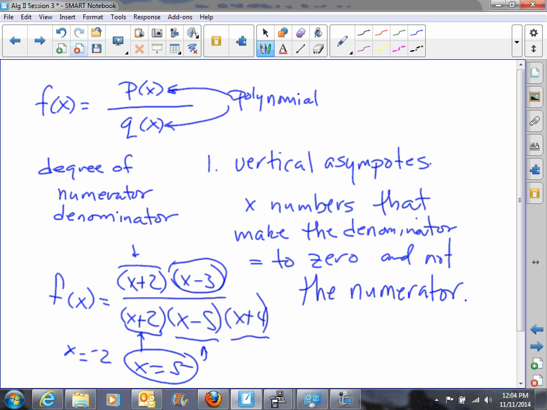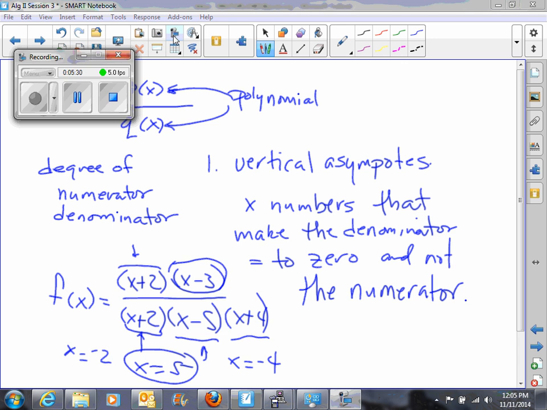Now, also notice that when x is negative 4, the denominator is 0 and the numerator isn't. So this function, f of x, will have two vertical asymptotes. One will be the vertical line x equals 5, and the other will be the vertical line x equals negative 4.